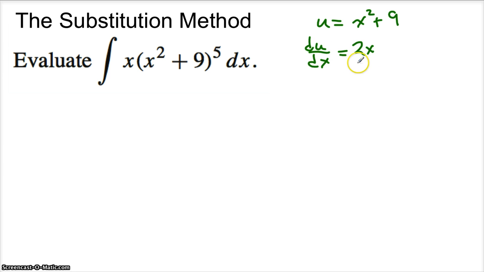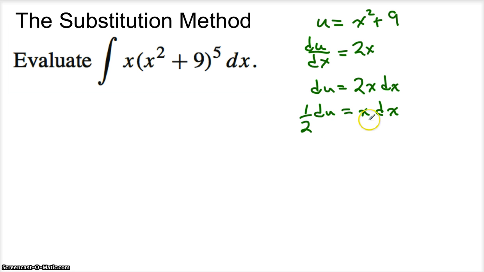So now what I'm going to do is multiply both sides by dx, and look what happens. du is equal to 2x multiplied by dx. Then I'm going to divide both sides by 2, and I get 1/2 of du is equal to x dx.